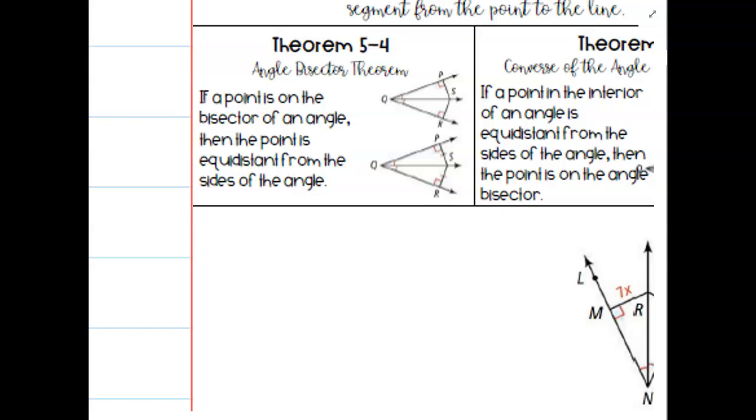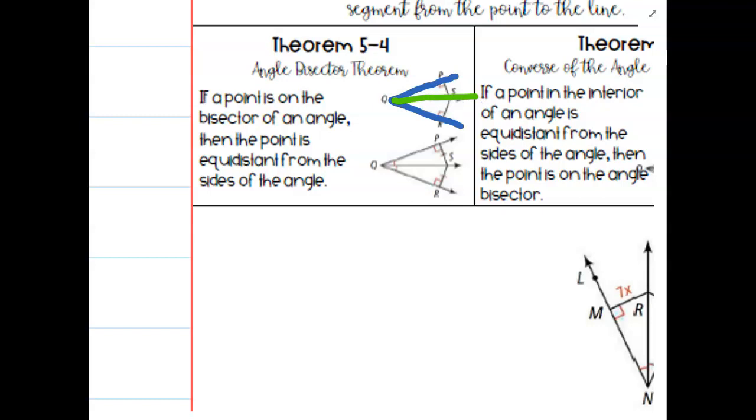Okay, so what theorem 5.4 does is it says I have this angle. So the first angle that I have here is angle PQR. Okay, so I've got angle PQR. And then I've got this angle bisector. So QS bisects that bigger angle, which means these two smaller angles are congruent.